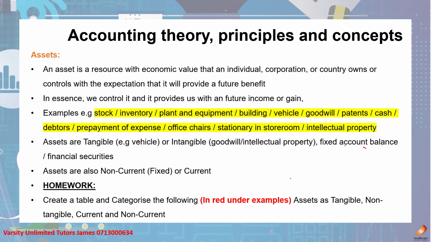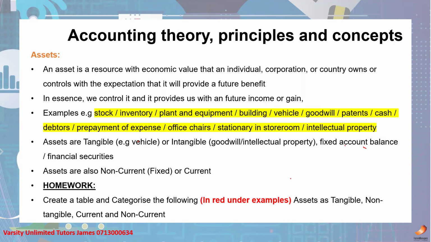But if you were to buy stationery for your business, some pens that you want to use, you expect to use those assets maybe within 1 year. So they no longer are considered long-term assets.